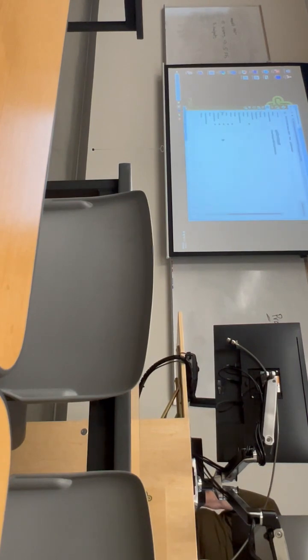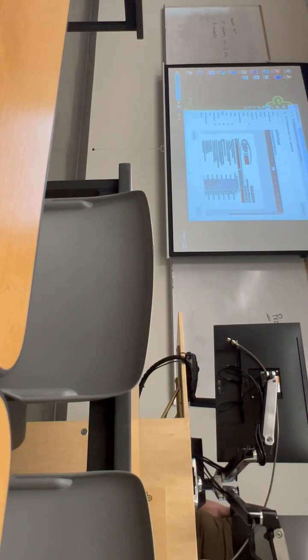And this is an example of one. This is a GAL, generic array logic. This happens to be a 22V10.